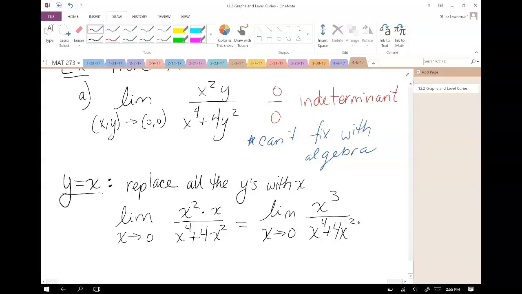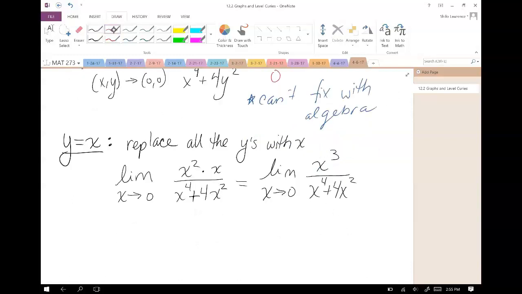So as x approaches 0, it's still 0 over 0, but now we can do algebra. What kind of algebra can I do in the denominator? We're going to pull out an x squared. And then we can cancel x squared in the bottom with 2 of my x's in the top.